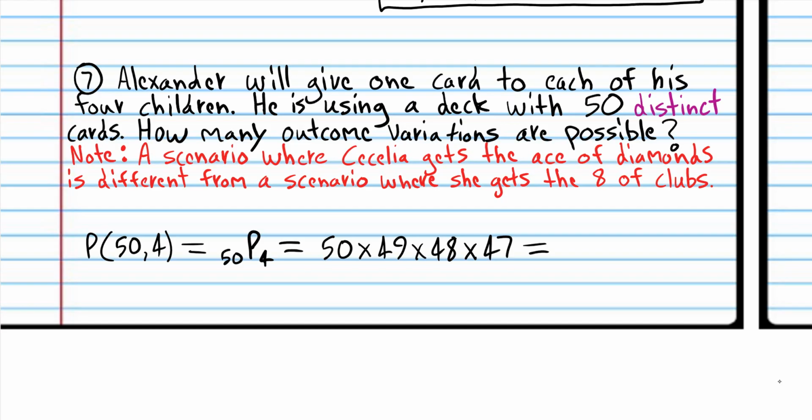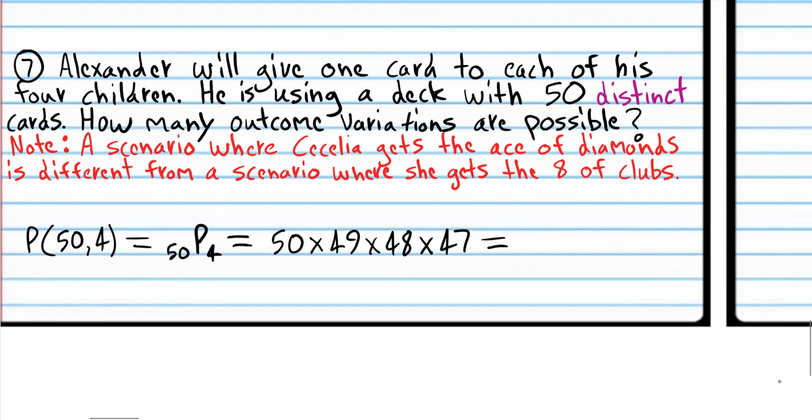Press enter. Then you're going to enter 4, and at this point, what you should have in your calculator is 50 nPr 4. Then press enter, and you have your answer. So again, you don't have to do that. You can just do this directly in your calculator without going to the actual function.